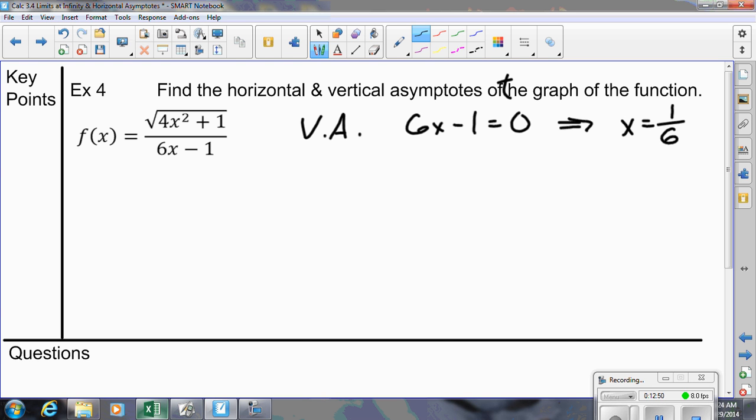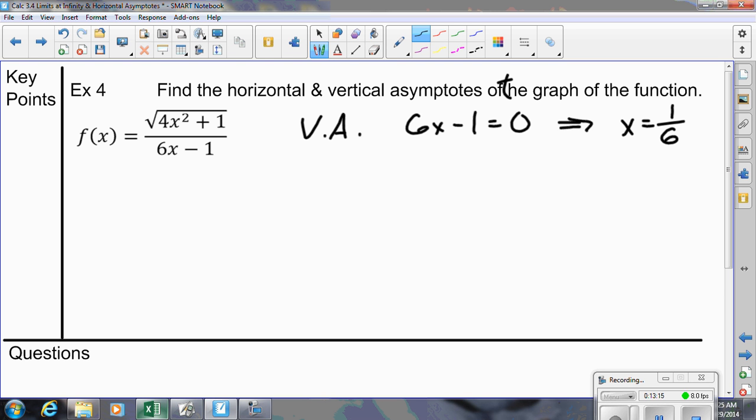One thing we should be aware of and check quickly: if we have a removable discontinuity, we won't have a vertical asymptote. So does this number 1/6 also make the numerator equal to 0? If it makes both the numerator and denominator equal to 0, we would need further investigation. Well, let's just check quickly.